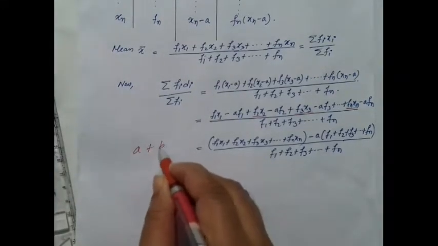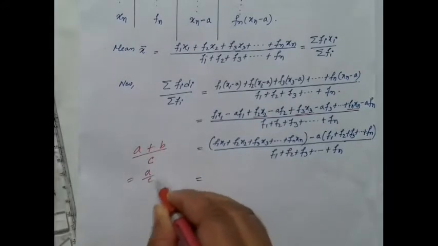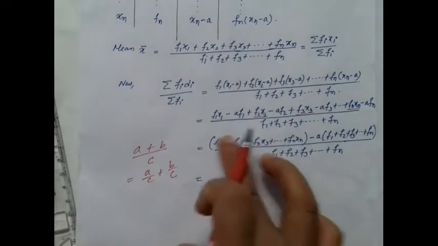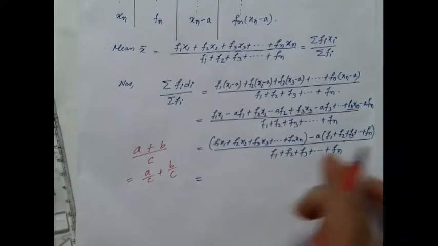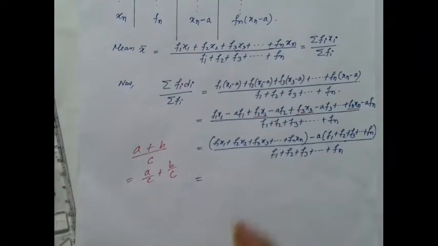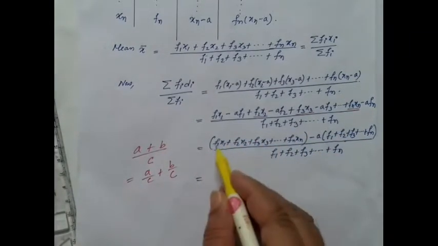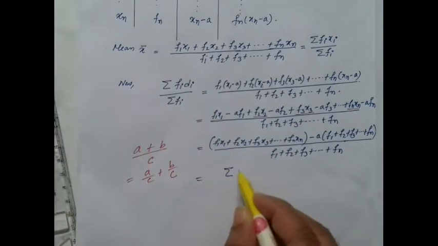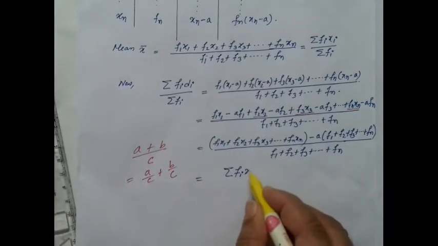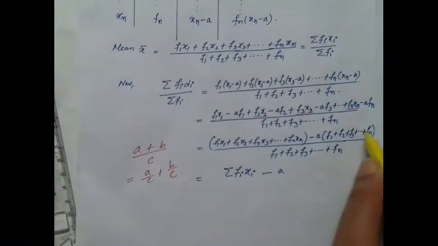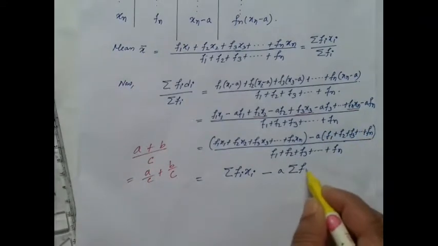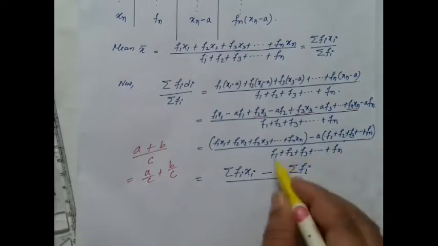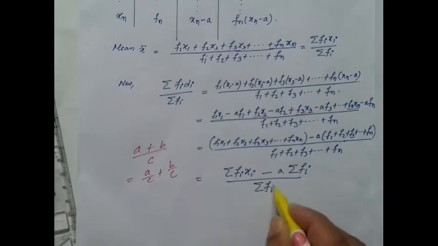Now as we know, if we have a plus b by c, then we can write it as a by c plus b by c. Like that, we take this by this minus this by this. This expression is actually summation fi xi minus a, this expression is summation fi, and this one is also summation fi.